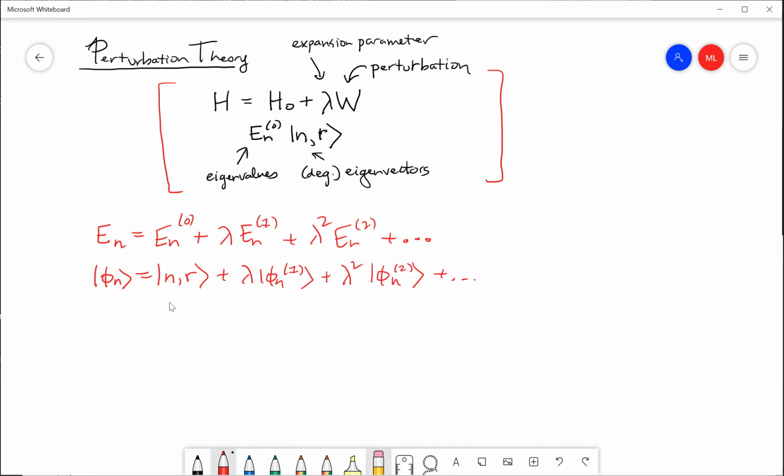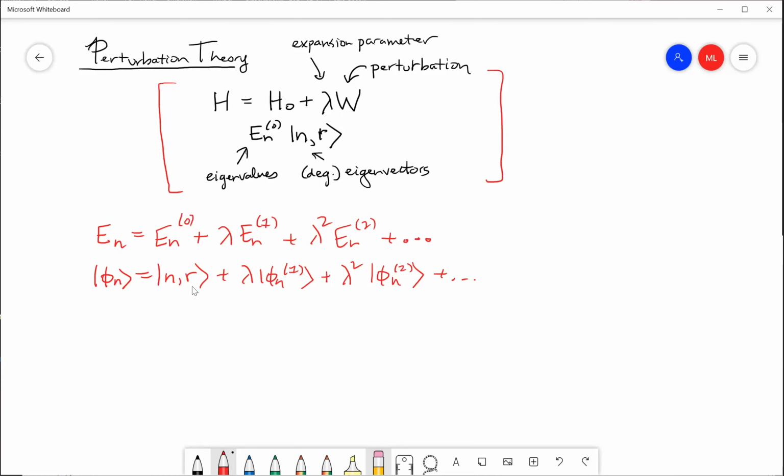So you can already see some problems that might happen. If, for instance, these are degenerate, and the eigenvalue here doesn't change depending on R, then as soon as you add this perturbation, maybe that'll be able to separate out different values of R and give you different energy levels. So it's kind of tricky when you have degenerate states.